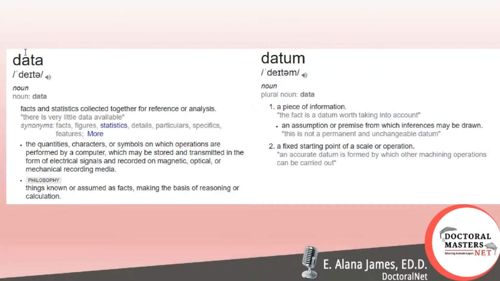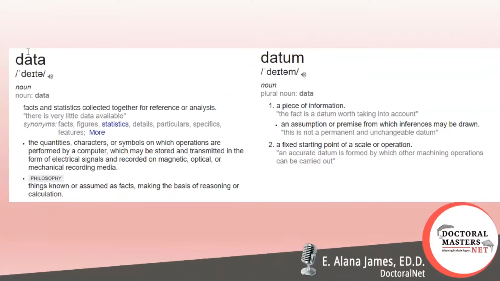And yet I find now that when we look at the definition for data, it's being divided more into data and datum. So you'll have to have a conversation with your university about where it stands and whether they want your data to be an is or a are.